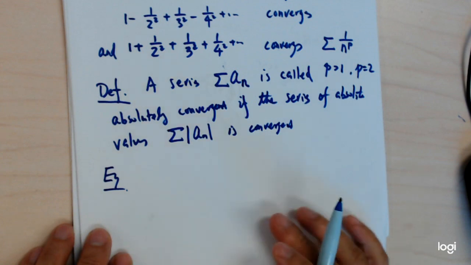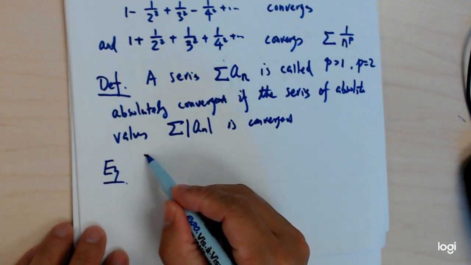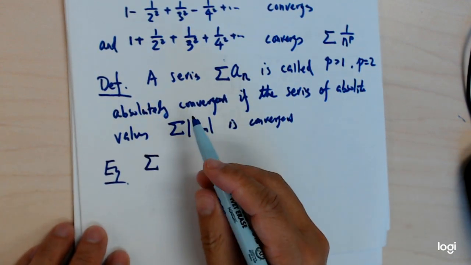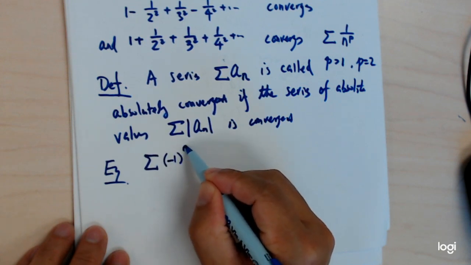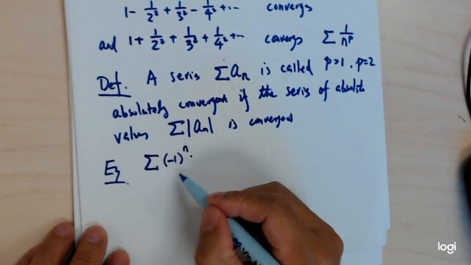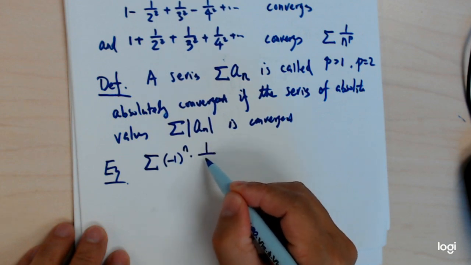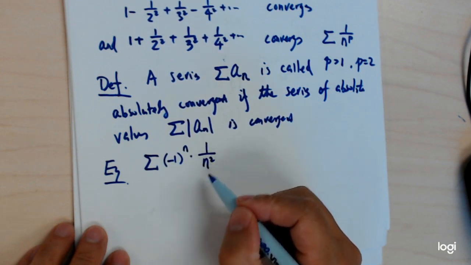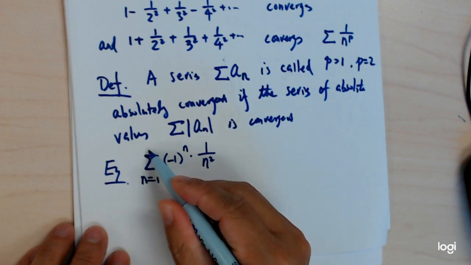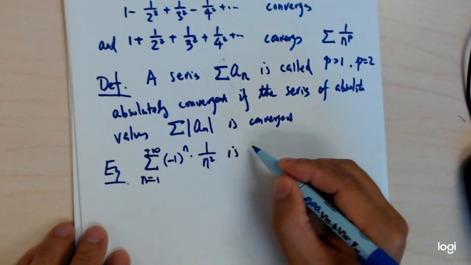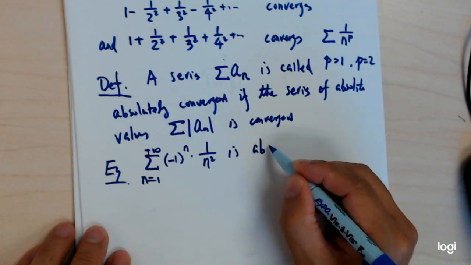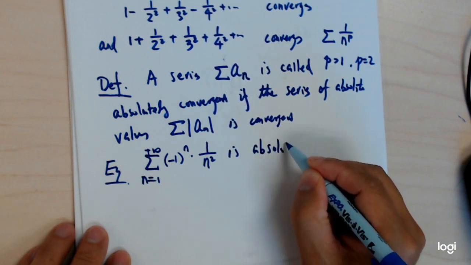For example, the example that I presented earlier, that's the sign switching part. That's the positive part. This one I know is convergent absolutely, or is absolutely convergent.